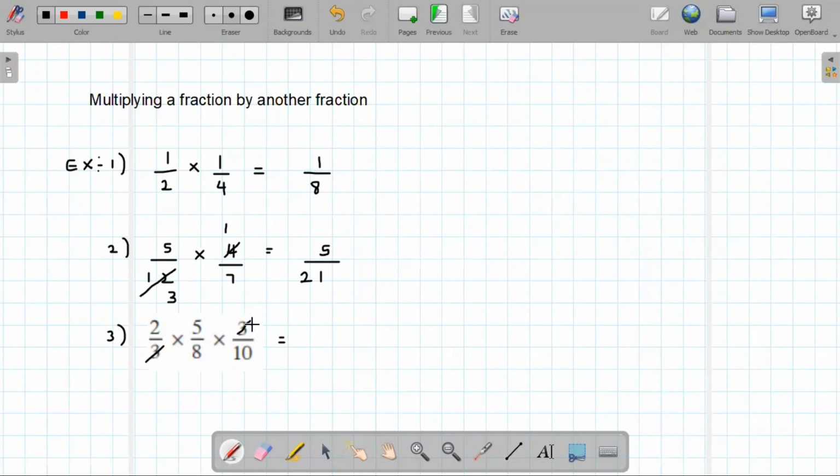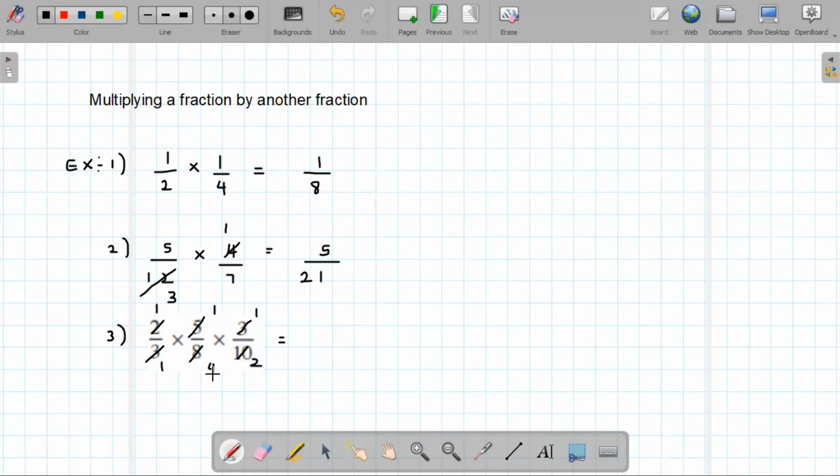For this one, 1, for this one, 1. So what about these two? I can cut these two. For 5, there is only 1 five. For 10, there are 2 fives. Here 1, 2, 4.